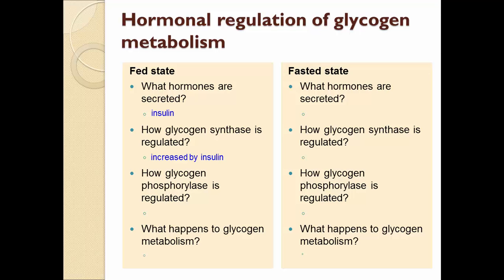It should be decreased, right? Does that make sense? Okay. So decreased because you have increased insulin, or you have decreased glucagon and epinephrine levels. So what happens to glycogen metabolism, should it be increased glycogen synthesis or glycogen breakdown? Glycogen synthesis, right? So in the fed condition, glycogen is synthesized and stored in the liver or muscle.